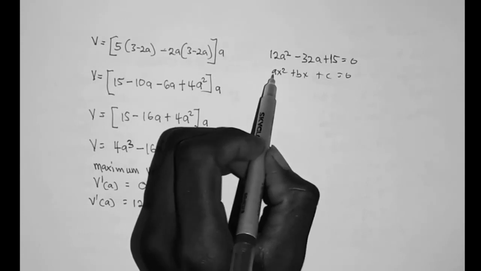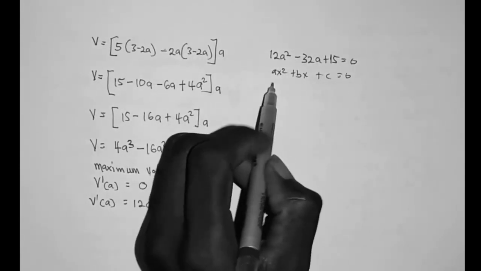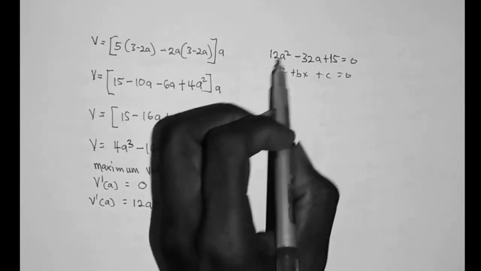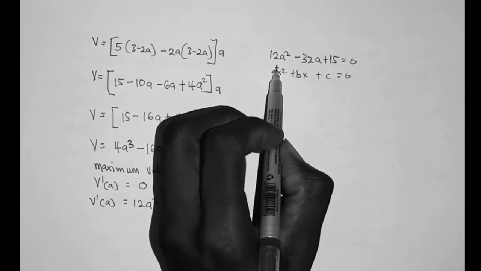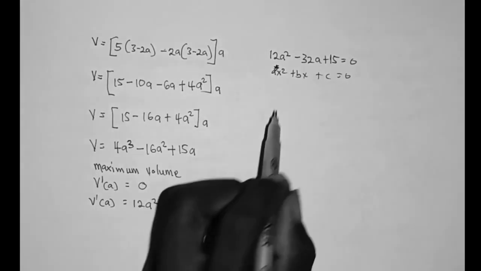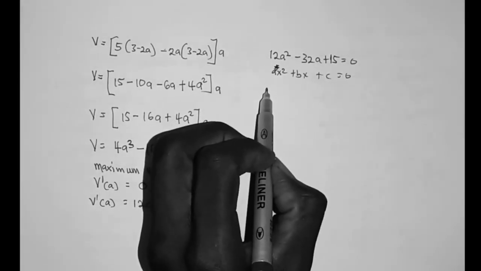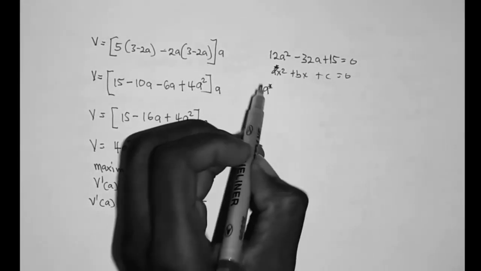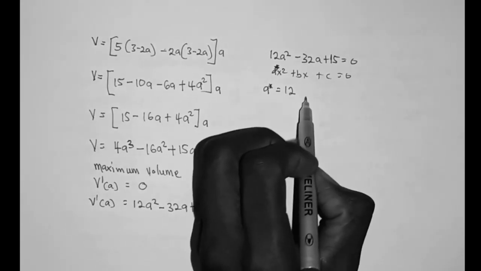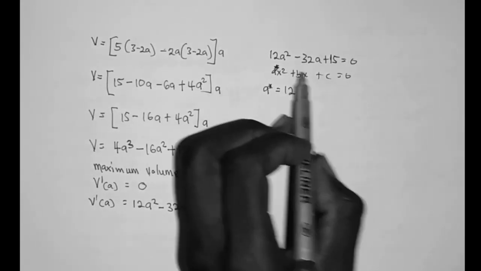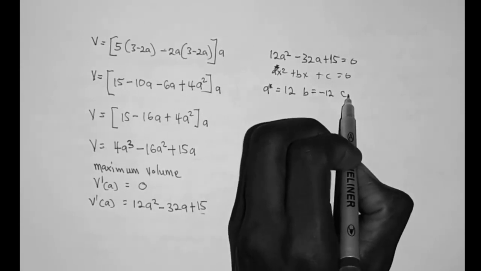This a squared, this a and this a are not the same, it is just a mere coincidence. So I'll differentiate one of the a by putting an asterisk here. So a asterisk is equal to 12, b equals minus 32, and c is equal to 15.